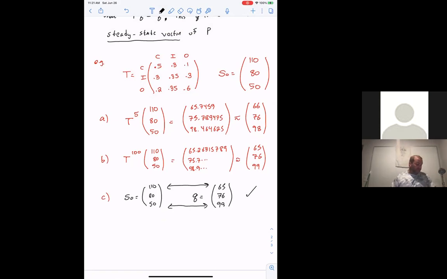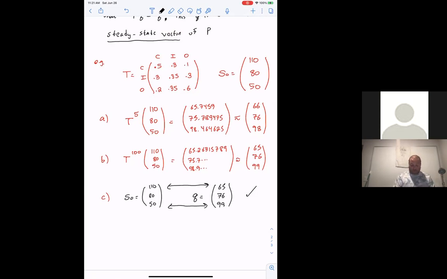So that is the example, and it's the only example in this section. We're going to go directly into the exercises now, and there actually is an investigation here, which is kind of nice, that talks about calculating the steady state vector mathematically, but in the next section we're going to do it in a nicer way anyway.